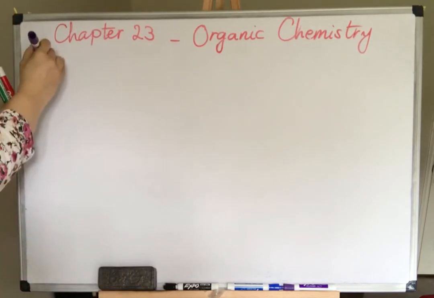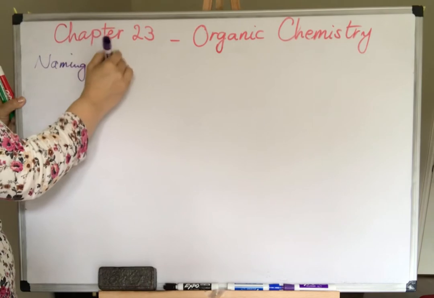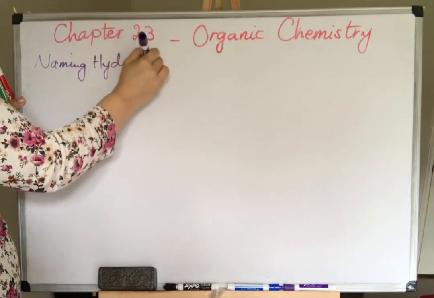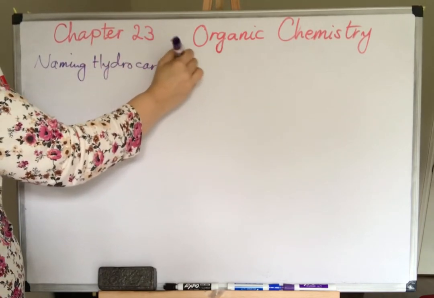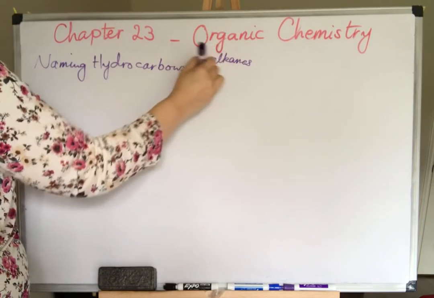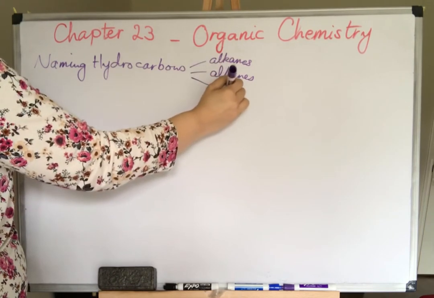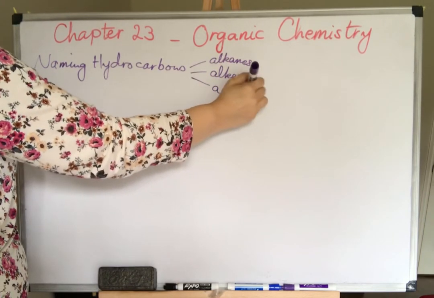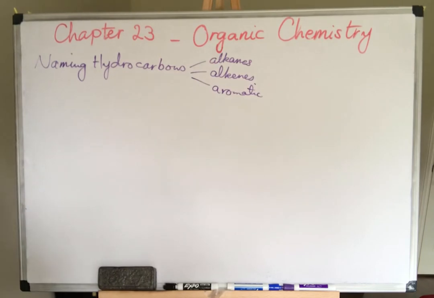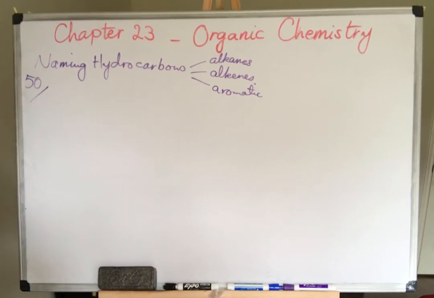We will name hydrocarbons, and our focus is on alkanes, alkenes, and aromatic compounds. Okay, ready? So make sure you have slide number 50 in front of you. Slide number 50. Naming hydrocarbons.